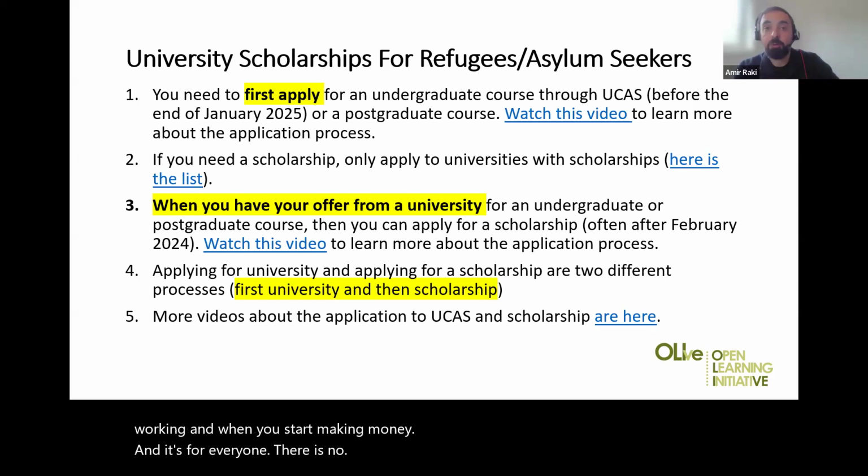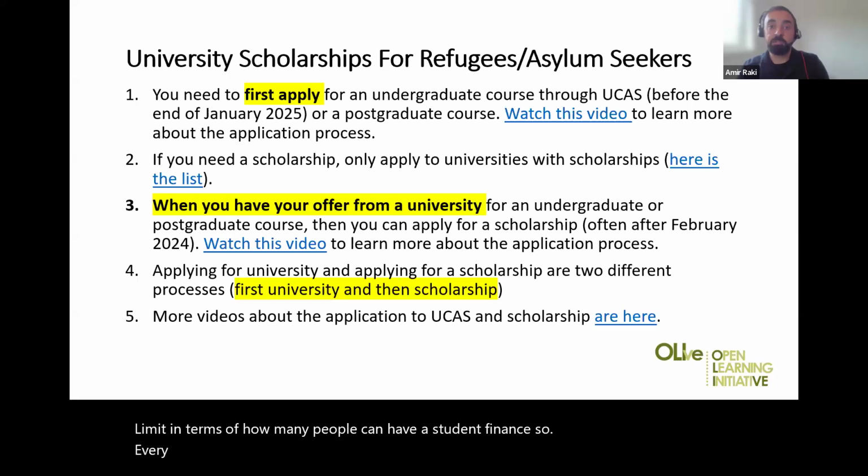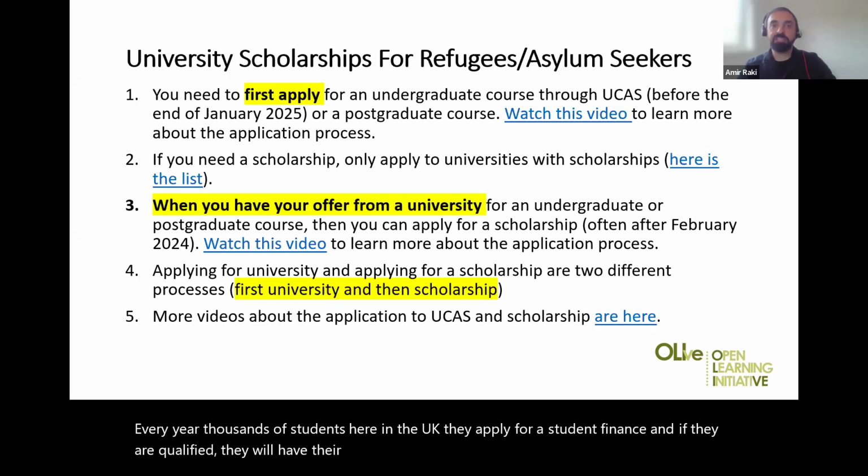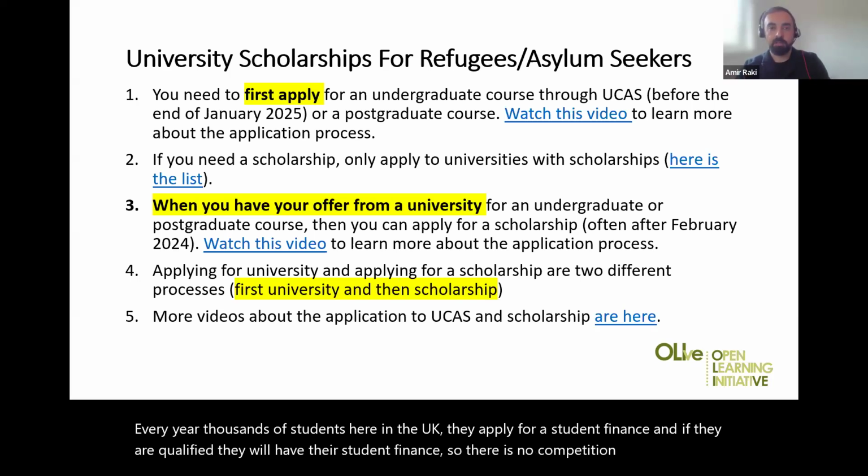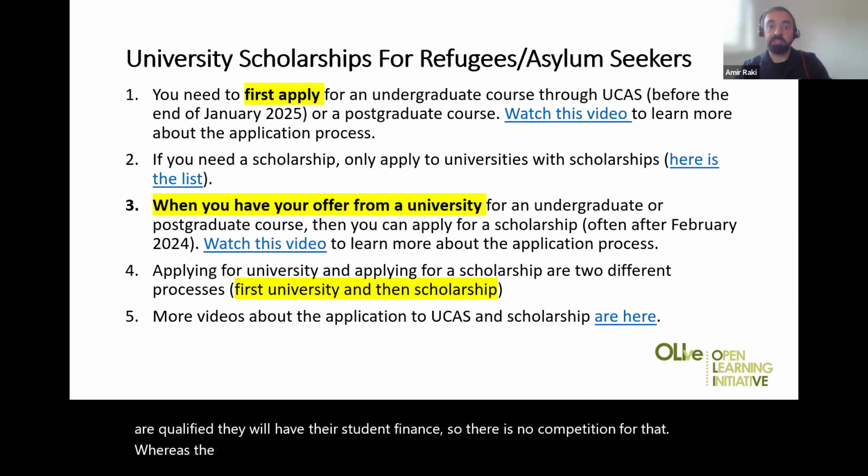And it's for everyone. There is no limit in terms of how many people can have student finance. Every year, thousands of students here in the UK apply for student finance, and if they are qualified, they will have it. So there is no competition for that. Whereas for scholarships, there is a competition. It's not for everyone, they don't have enough scholarships for everyone.